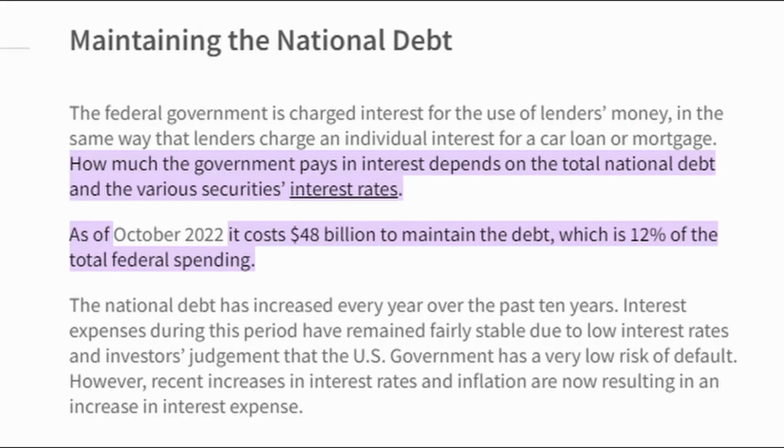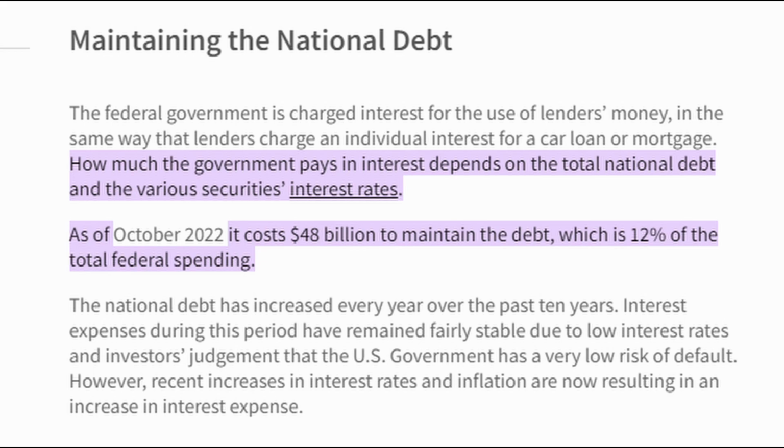What is the real problem with owing this much debt, or is it a problem at all? To me personally, the biggest problem is the ever-increasing interest that we will have to pay each year. As of this year in 2022, the United States will have to pay $48 billion just to maintain the debt.